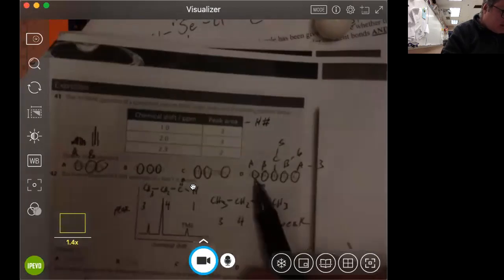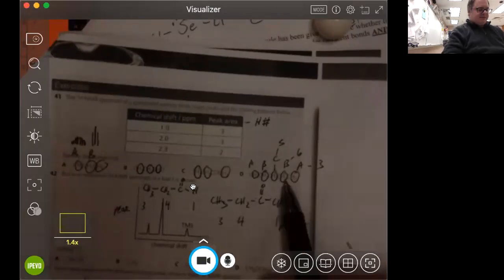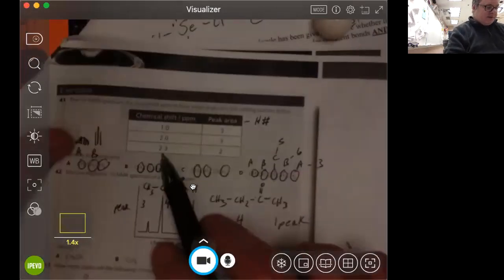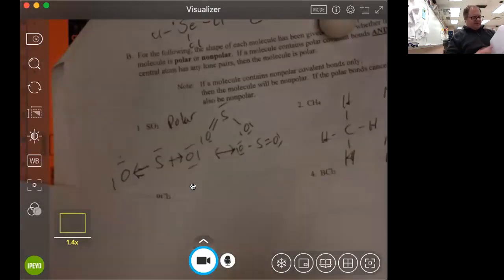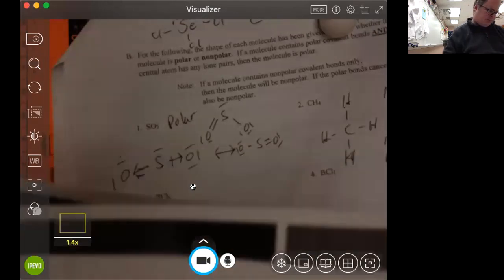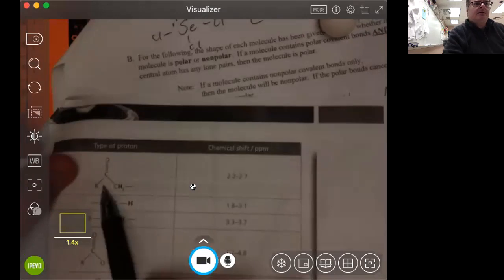So this one, the 1 and the 2.0 makes sense. Let's take a look. Maybe we need to look closer at what this chemical shift is for 2.3. Maybe I need to relook up what they mean by peak area. Look at that.